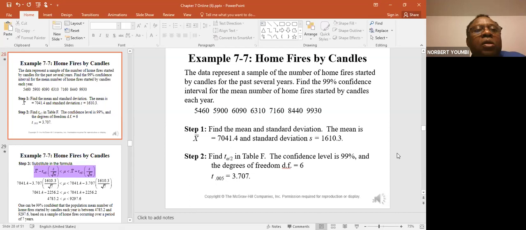If you don't have a TI-83 calculator, you can use the statistics in Excel, descriptive statistics, to find the mean and the standard deviation.